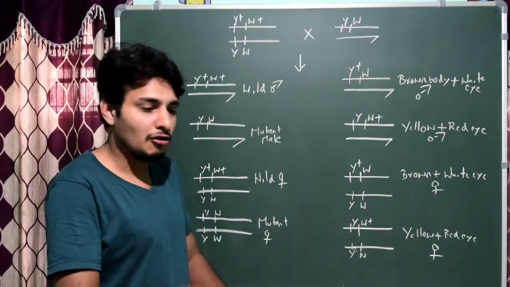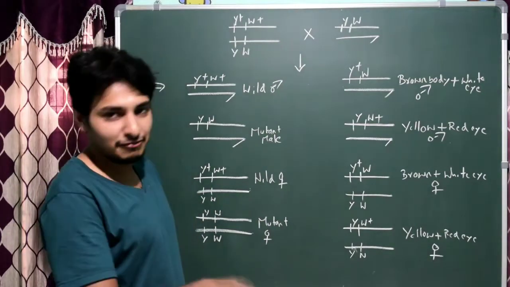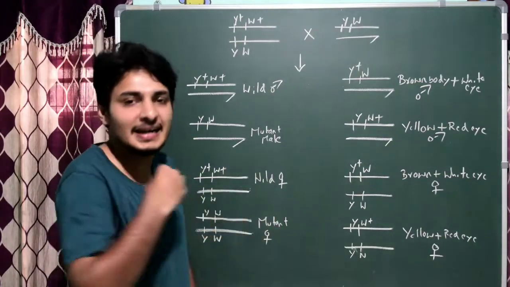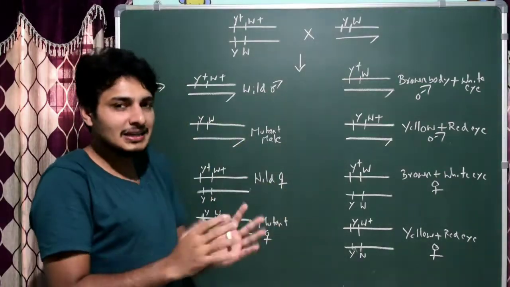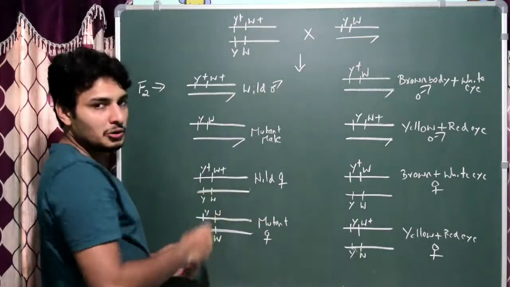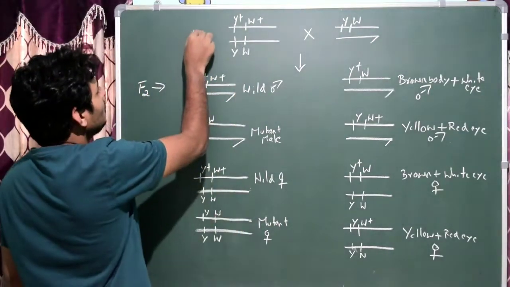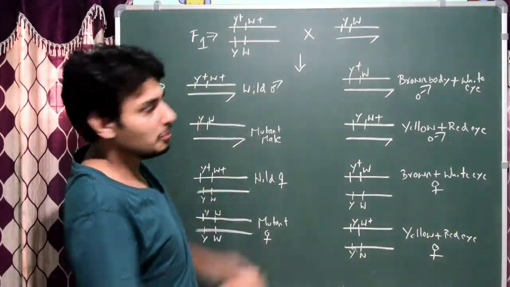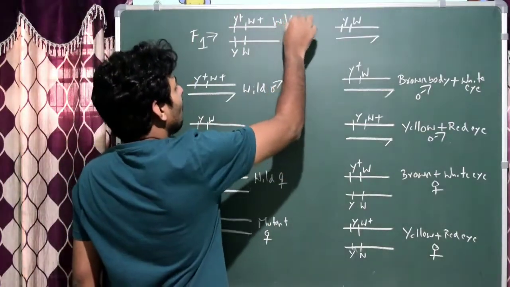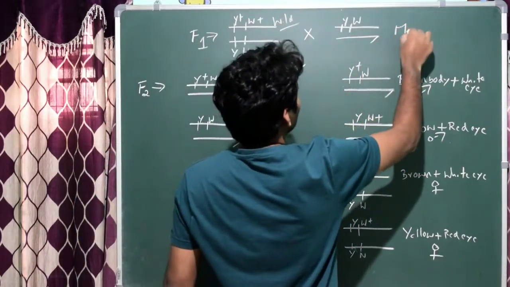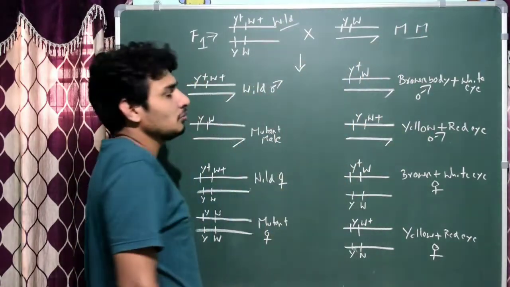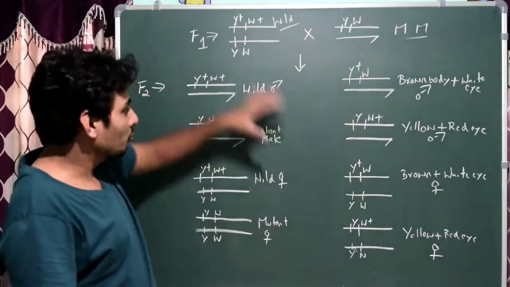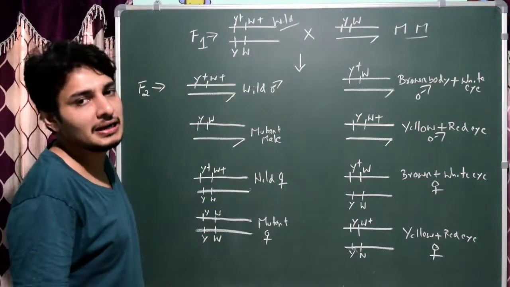The surprise for T.H. Morgan was that in the F2 generation he did not get the results that Mendel got. It entirely deviated. Here, the majority of the offspring we got from the cross between the F1 female, that is Y plus W plus, the wild type female, and the mutant male, who are brother and sister, completely deviated from Mendel's dihybrid cross.